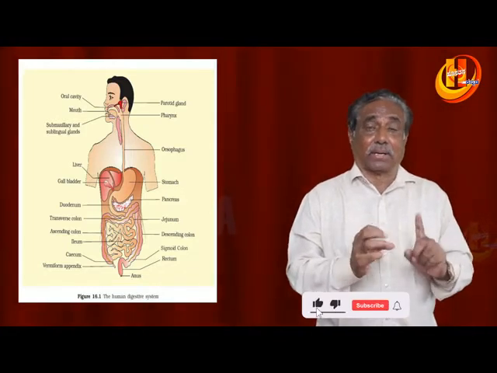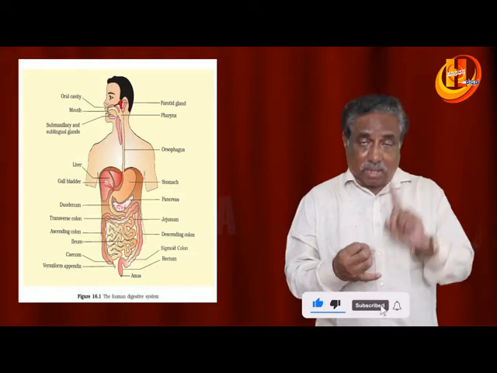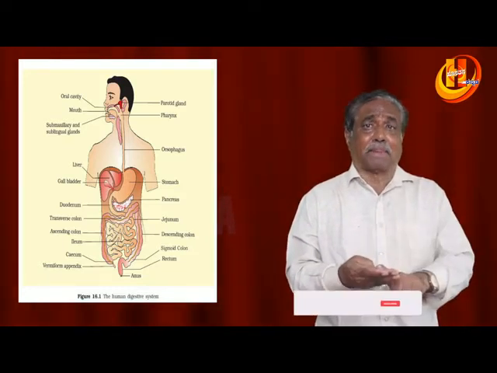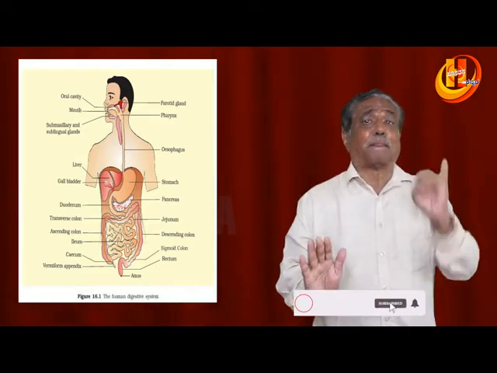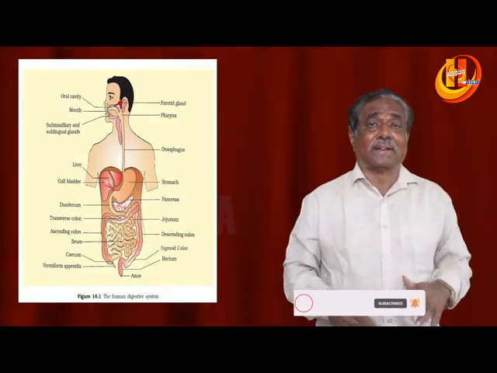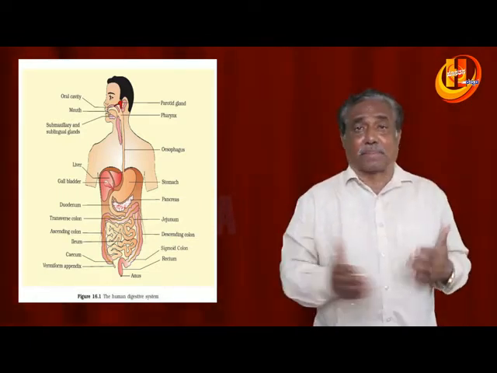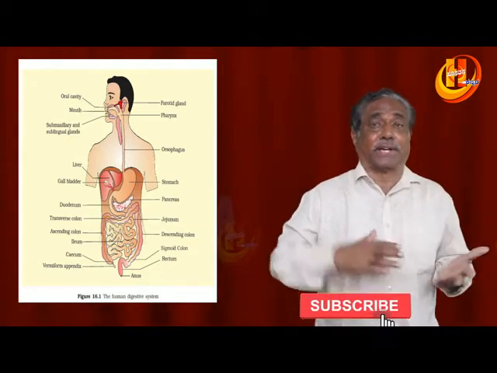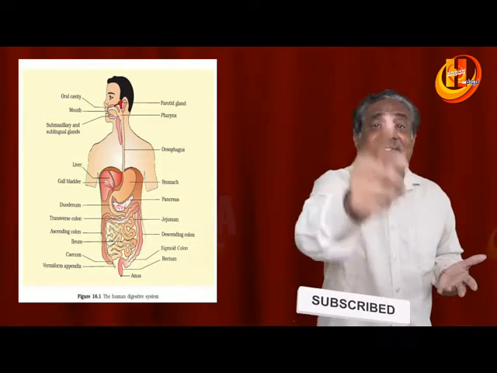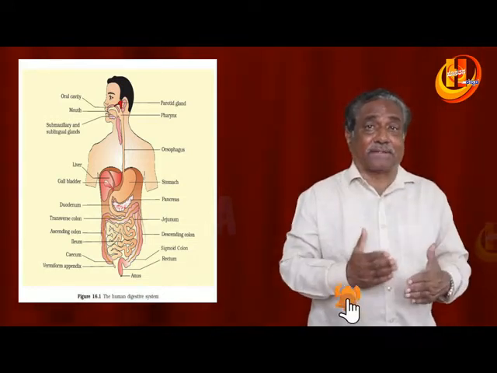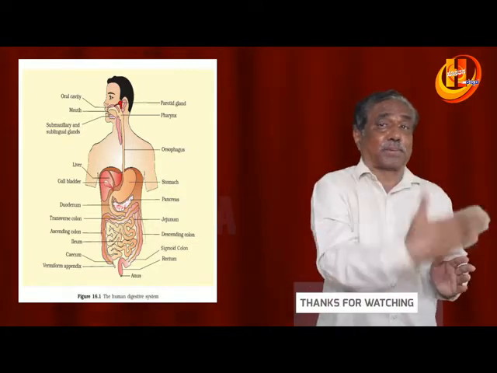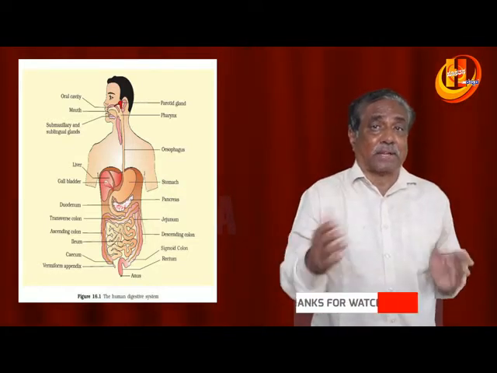like trypsin, chymotrypsin, pancreatic amylase, pancreatic lipase, nucleotidases, procarboxypeptidases. Trypsin and chymotrypsin are first liberated in the form of trypsinogen and chymotrypsinogen. It is the enzyme enterokinase which helps in the conversion of trypsinogen to trypsin. In the presence of trypsin, chymotrypsinogen is converted into chymotrypsin.